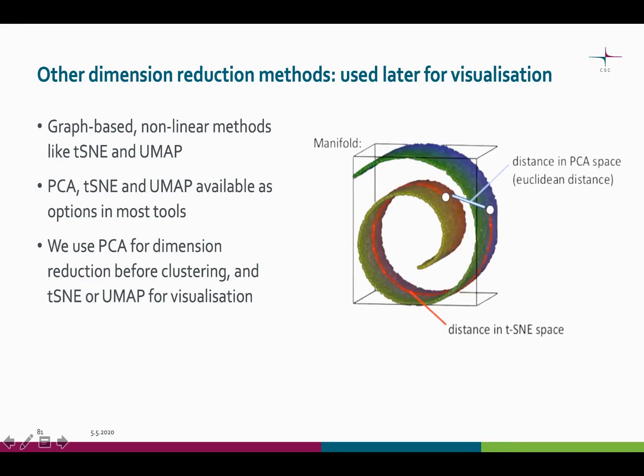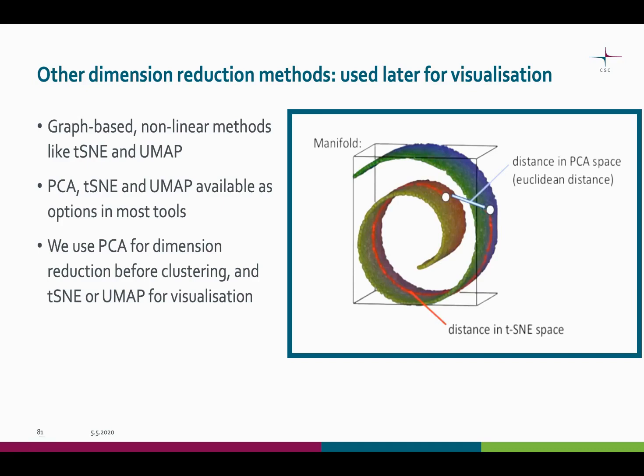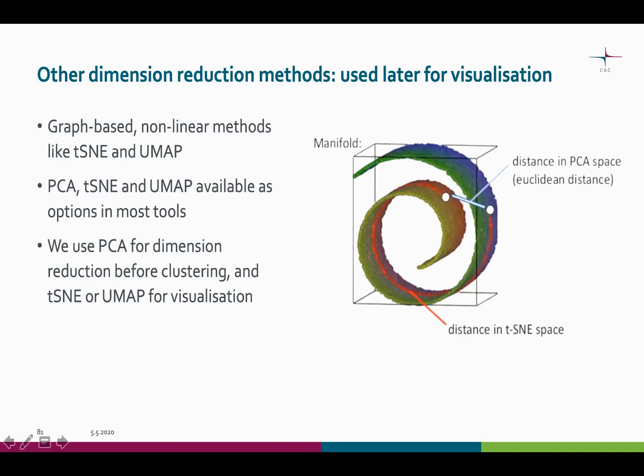And like said, we use PCA for dimension reduction before clustering, and then tSNE and UMAP for visualization. Here you can see a simplified example why tSNE is better than PCA in some cases. These little dots represent the data points that we want to measure the distance of. In the PCA space, which uses Euclidean distance, the distance between these two dots is very short.